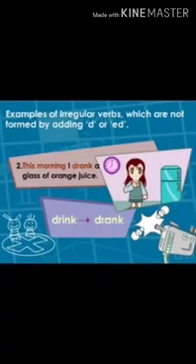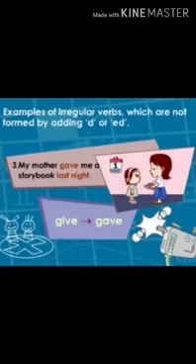This morning I drank a glass of orange juice. Here drink is the verb and the second form of drink is drank. My mother gave me a storybook last night. Here give is the verb and the second form of give is gave.